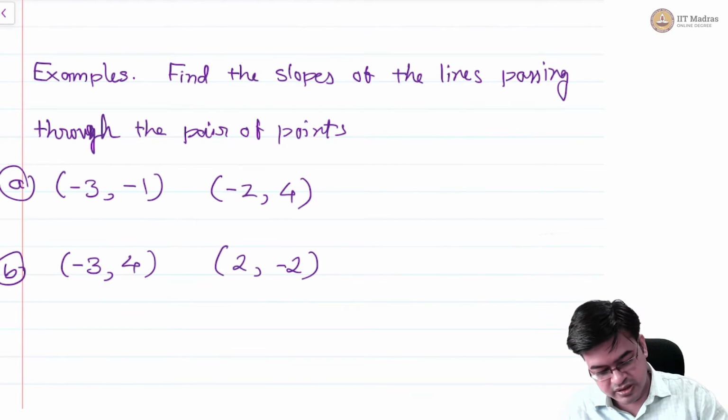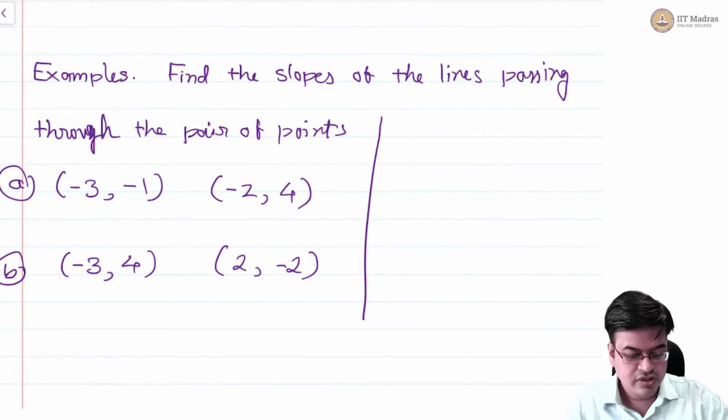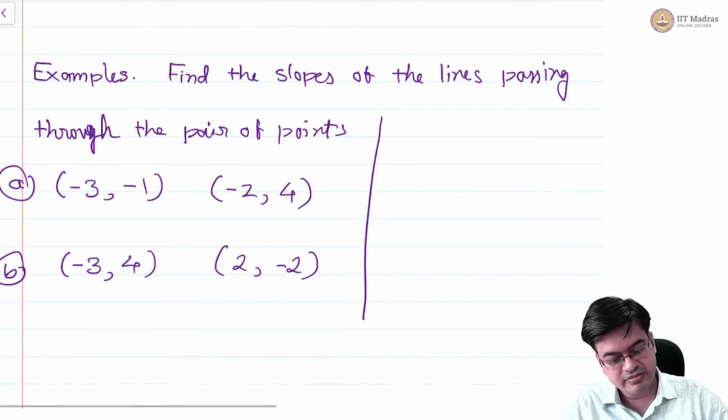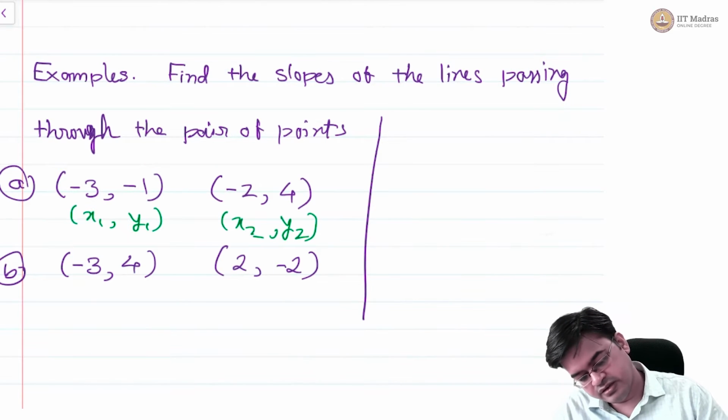So let me write a solution here itself. It's a very quick solution. The only thing that is remaining is you assign the points x1, y1 and x2, y2, and then you know the slope of a line is nothing but y2 minus y1 upon x2 minus x1.